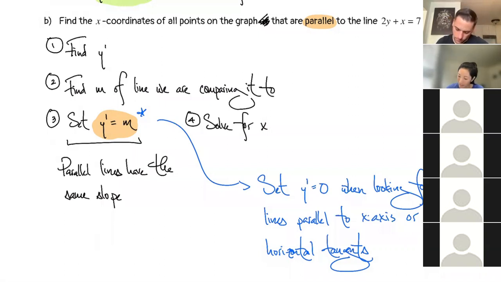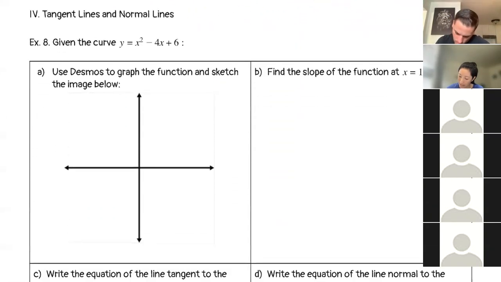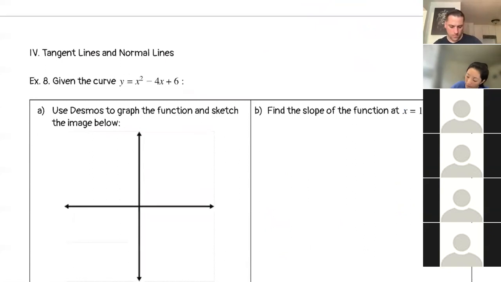All right, let us go ahead and finish up this last section here, okay? So in this last section, we're gonna be talking about something called tangent lines and normal lines, all right? Now, we've spent a lot of time talking about tangent lines, but now we're actually gonna practice the process of how we write equations for those, okay?